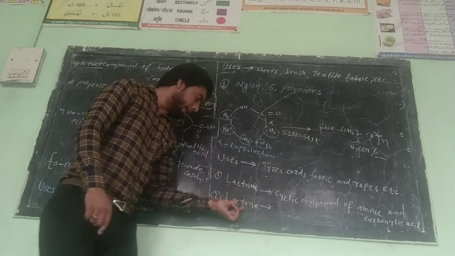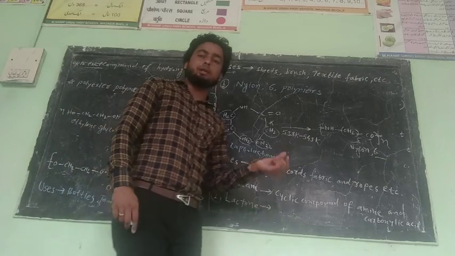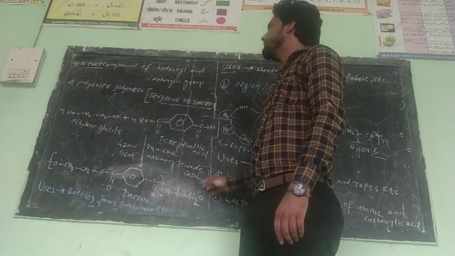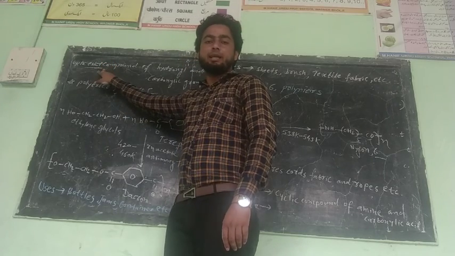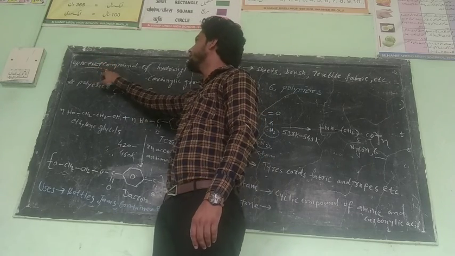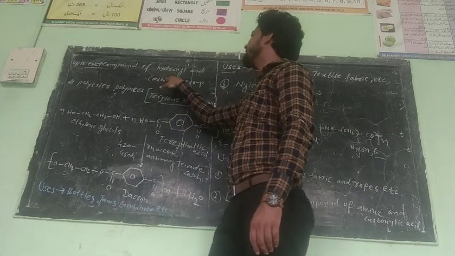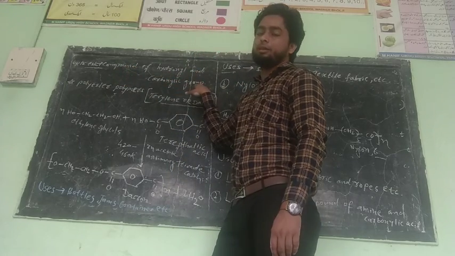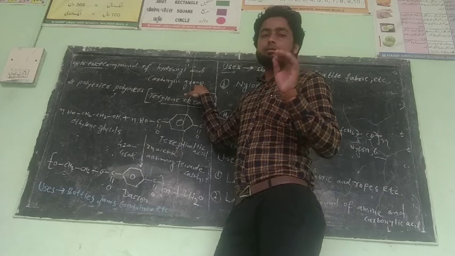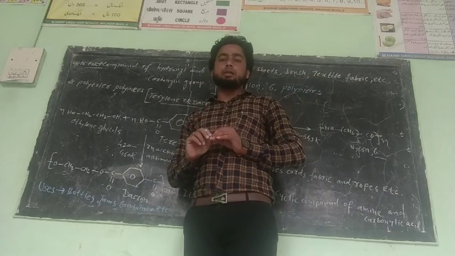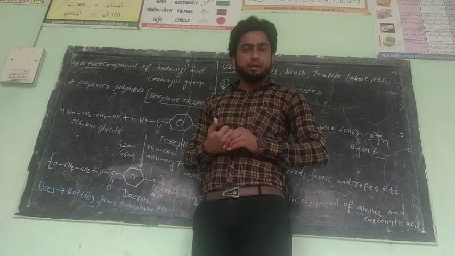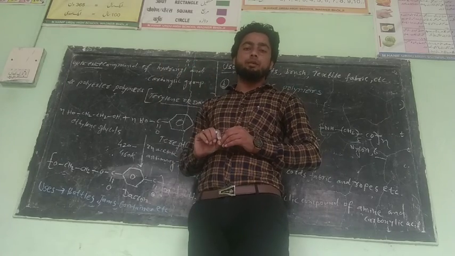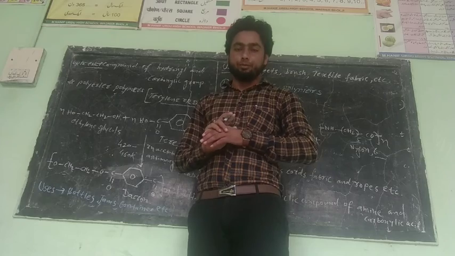Second, lactone. Lactone is called what? It is defined as a cyclic ester, a cyclic ester compound of hydroxyl group and carboxylic group. It means a cyclic ester compound which contains OH, called the hydroxyl group, and COOH, called the carboxylic group.